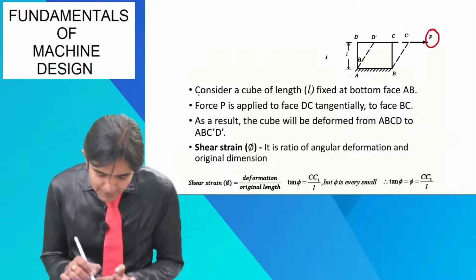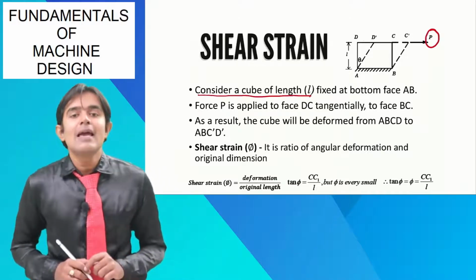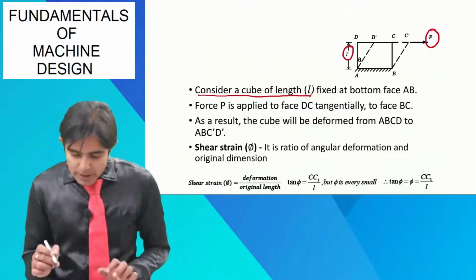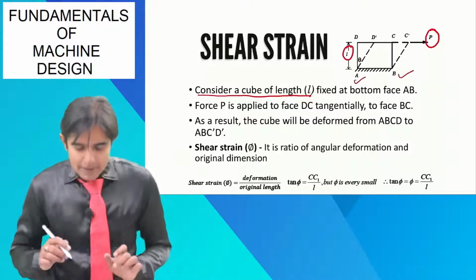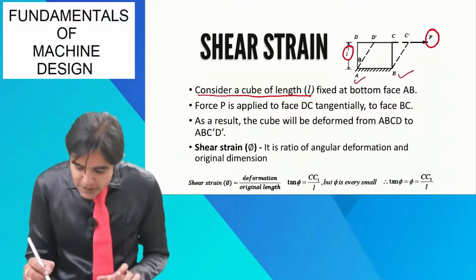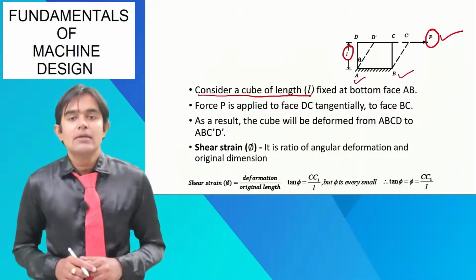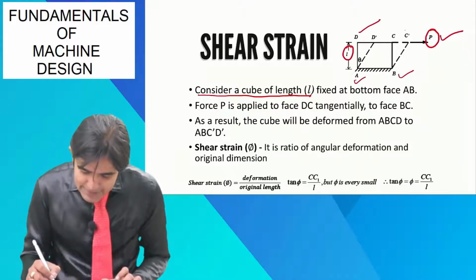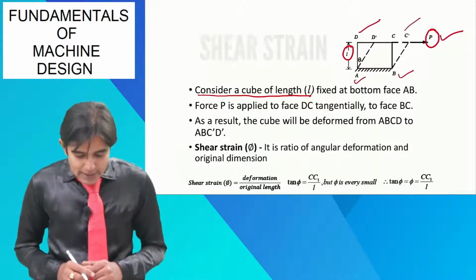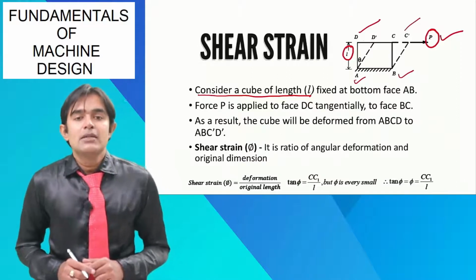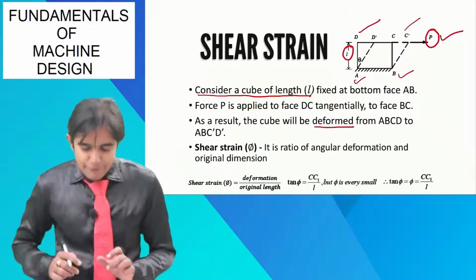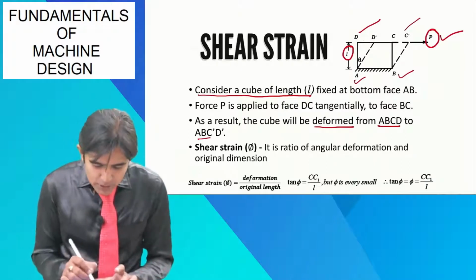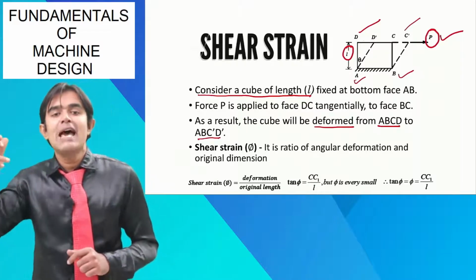So if I consider a cube of length L fixed at the bottom surface, which is A and B, and if this force P is applied tangentially at the face DC, then the result will be the cube will get deformed and the face ABCD will now turn to ABC dash D dash.